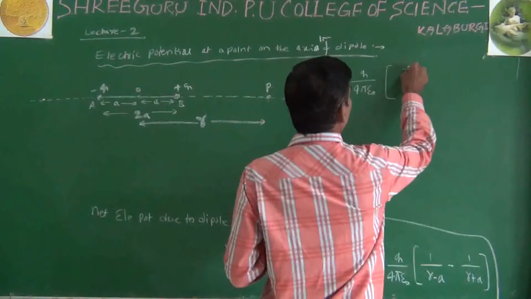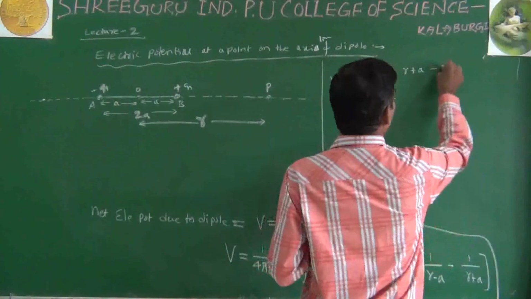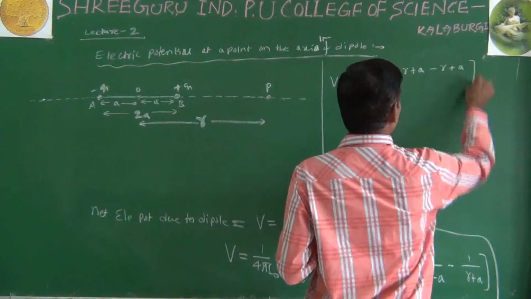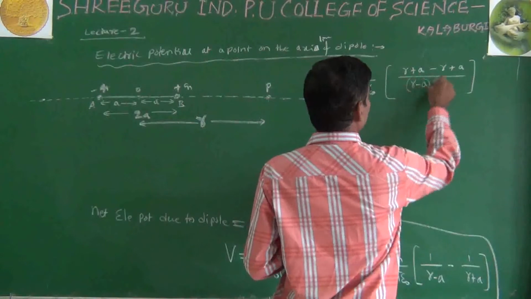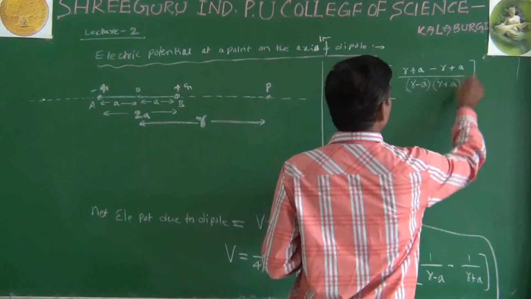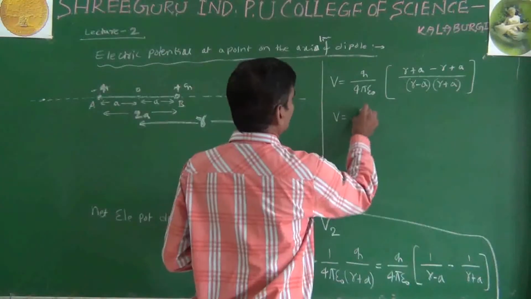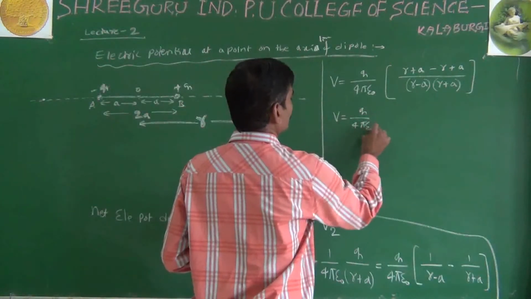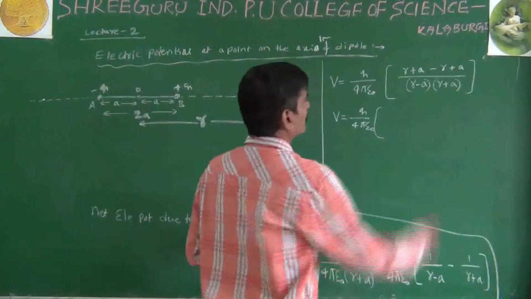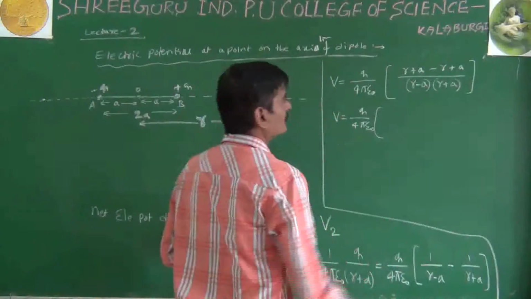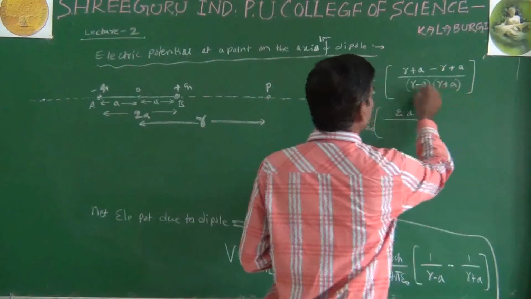It is R plus A minus R plus A, divided by R minus A into R plus A. Like this you can write. So V is equal to Q divided by 4 pi epsilon naught, and here plus R minus R cancel. A plus A is 2A, and in the denominator we have the form A plus B into A minus B.